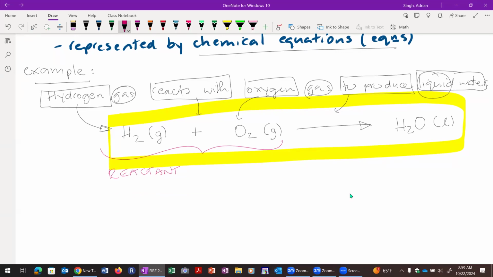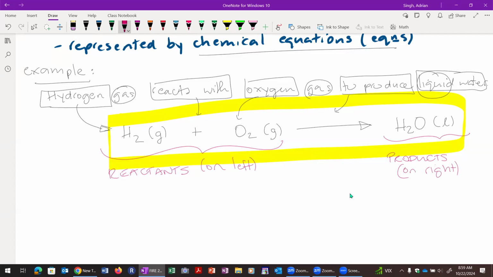It depends on the equation that we're looking at for the reaction. Anything to the right side of the arrow, these are known as products. In this case, we just have one product, but we can have multiple products again. So reactants are on the left, and products are on the right side.